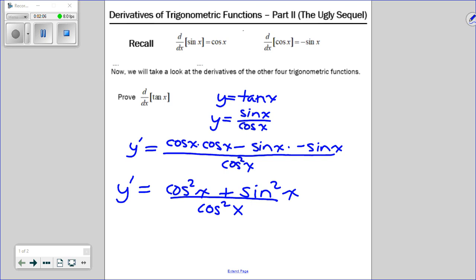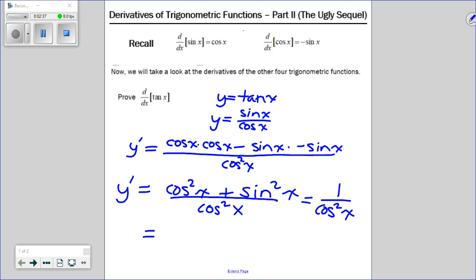And then using some more trig identities, if you remember the very important Pythagorean identity, sine squared of x plus cosine squared of x is equal to 1. So this will equal 1 over cosine squared of x. And then we can use a reciprocal identity. 1 over cosine of x is equal to secant of x.